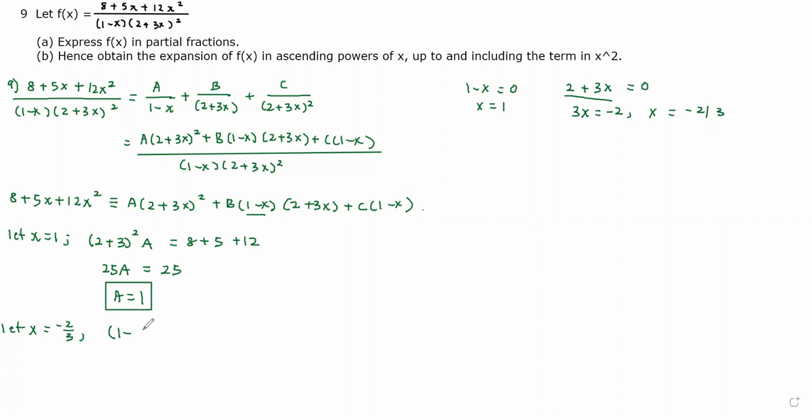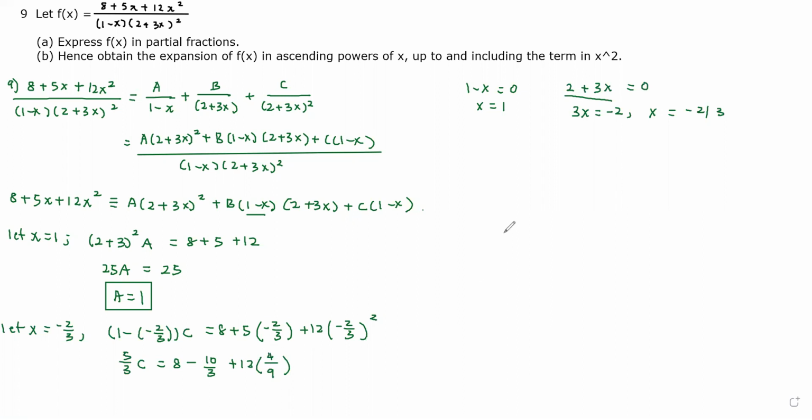We have (1 minus negative 2 over 3) times C equals 8 plus 5 times negative 2 over 3 plus 12 times (negative 2 over 3) squared. That is 1 plus 2 over 3, which gives 5 over 3 C. So on the right, we have 8 minus 10 over 3 plus 12 times 4 over 9.